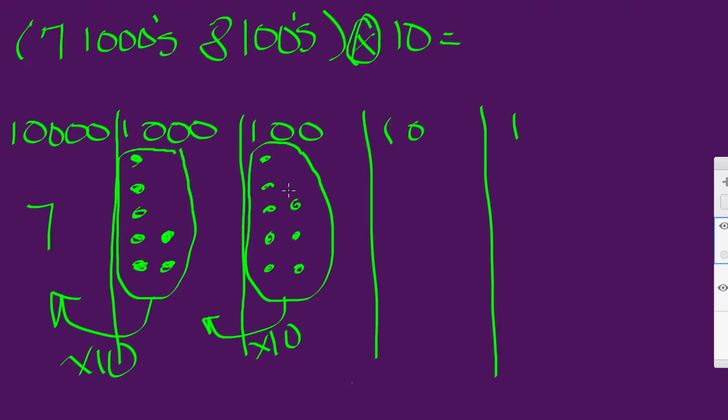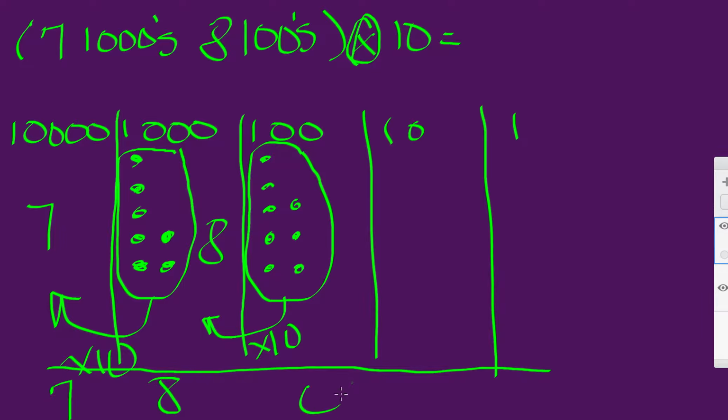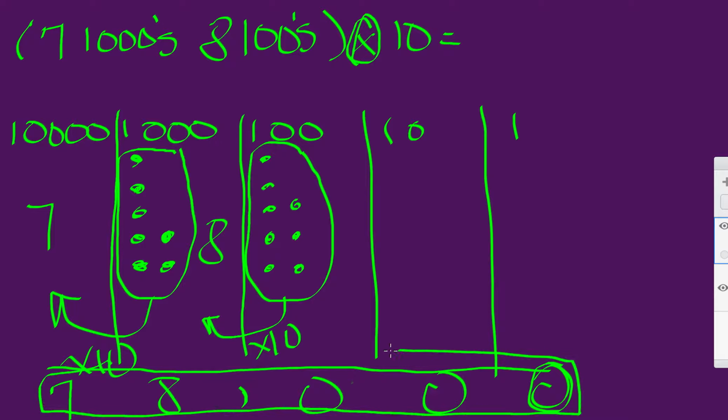There's 5, 6, 7, 8. So now, to write it in standard form, you have 7, 8, 0, 0, 0. Start in your ones place, 1, 2, 3, and put a comma. So the standard form answer is 78 thousands.